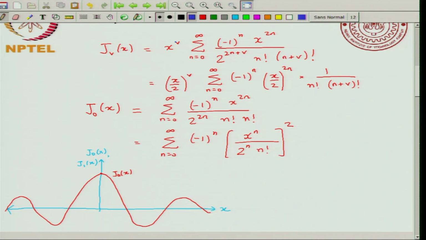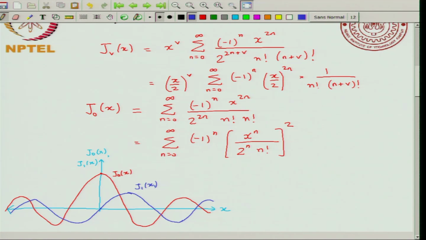So this goes to 0 when x equal to 0, and it has a slightly different functional form. I will just draw this, but it is also oscillating. It also shows similar oscillations, and this is actually an odd function, because of this leading x raised to 1 in front of it. So it looks like this. So this is J_1(x).